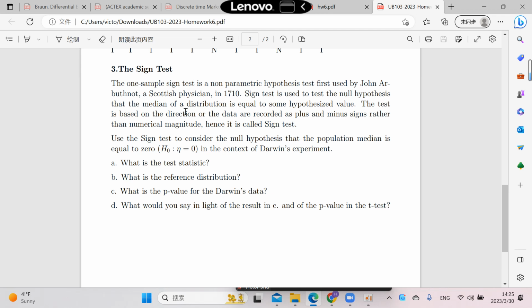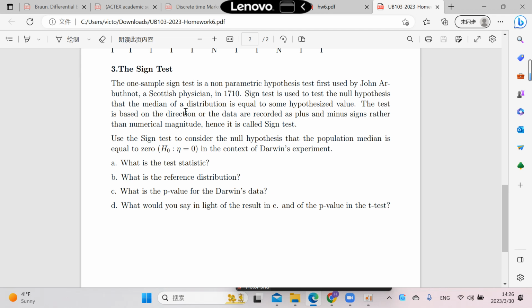So I believe in Darwin's experiment, I have 15 sets of observations, and among them, 13 of them have a positive sign. So basically, within my 15 sets of observations, in 13 of them subtype A is better than subtype B, and only in 2 of them subtype B is better than subtype A. And that's a sort of problem, right?